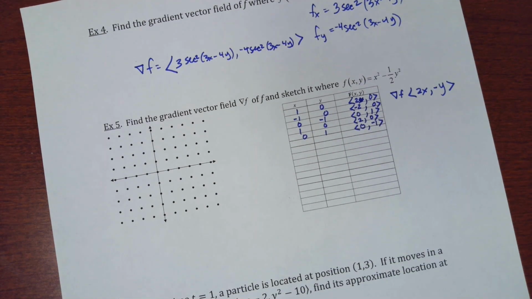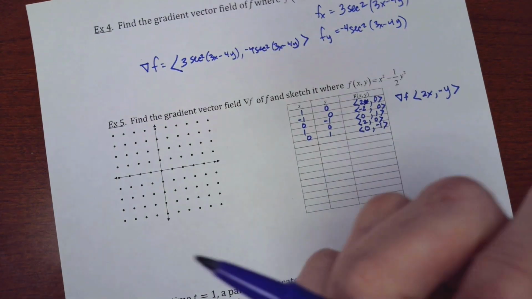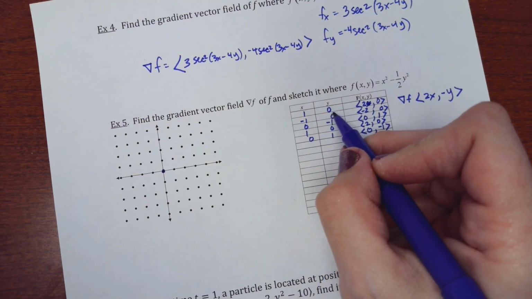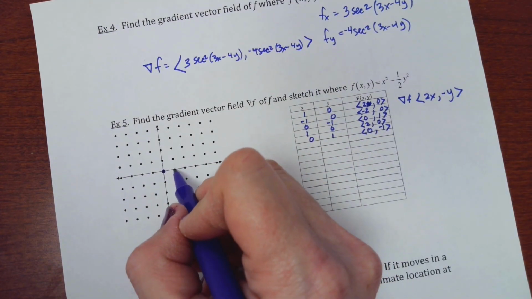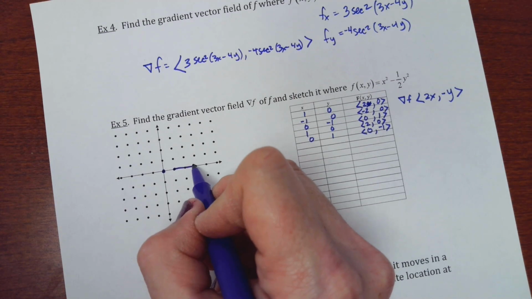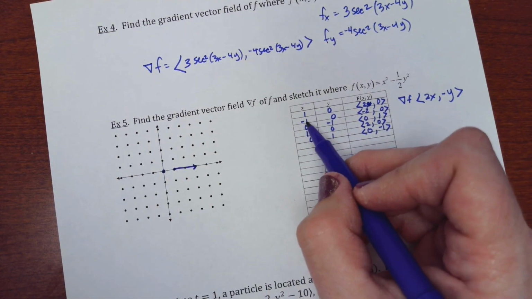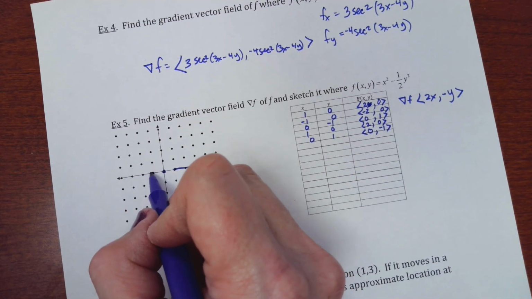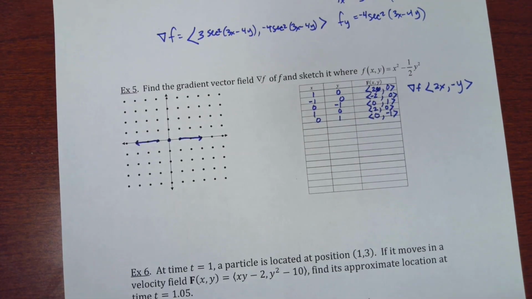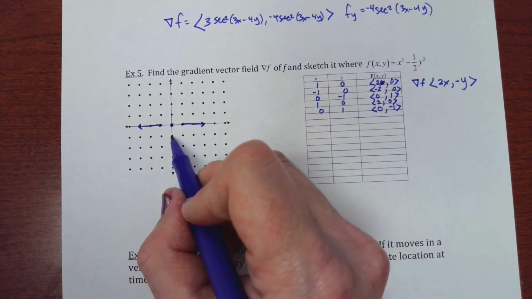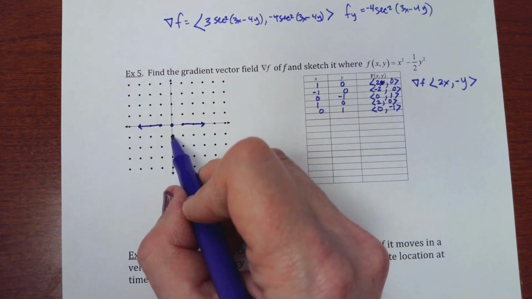All right, so we'll just do these first few, then I'm going to show you on the thing here. So 0, 0 would still be 0, 0. 1, 0 would be 2, 0. So at 1, 0, I would start here and go 2 spaces to the right. At negative 1, 0, I'd go 2 spaces to the left. At 0, negative 1 down here, I would do 0, 1, so that one is here and pointing up.